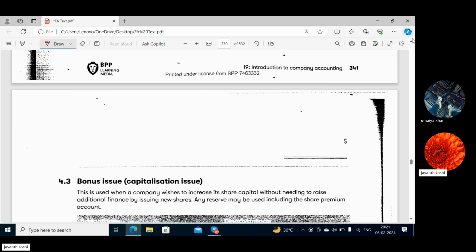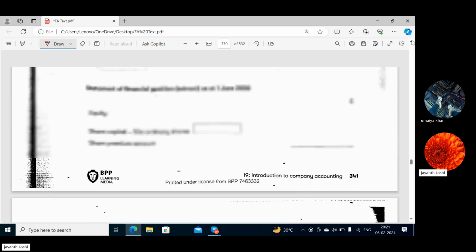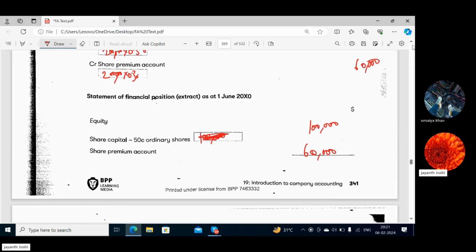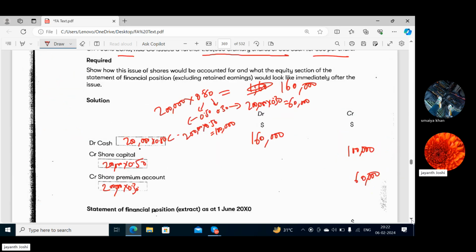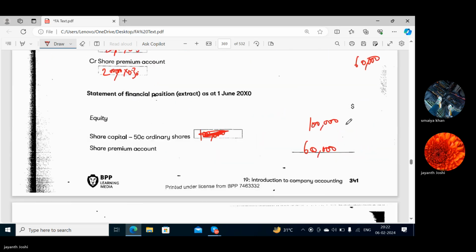Just a second. There was some previous capital as well, right? 50,000. We cannot remove that because this is the same question which we are continuing. Plus 50, that is the previous one, so 150, plus 60, that is 210,000. That is the answer for this.